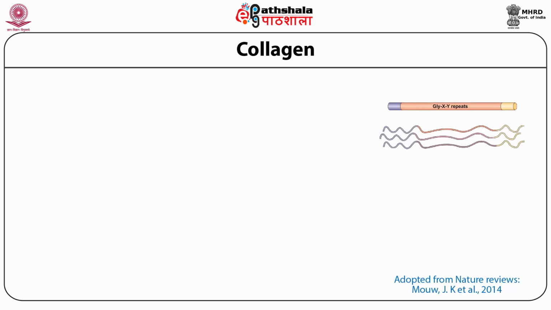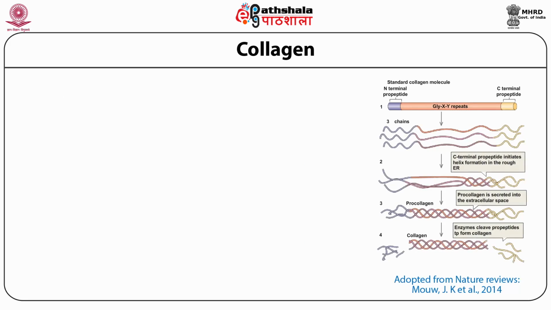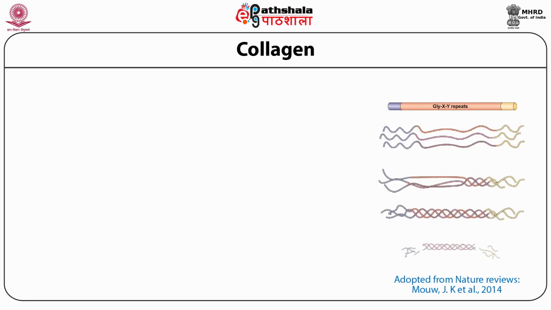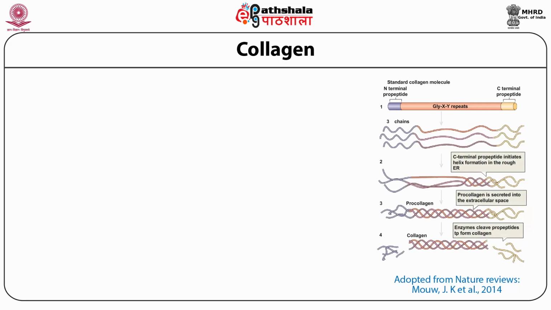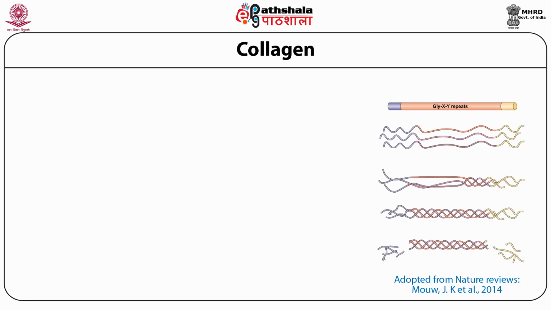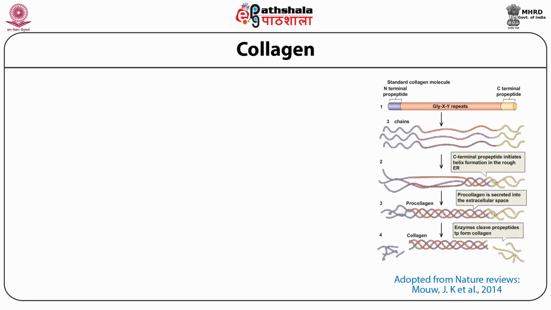On the right side, I have shown the picture of collagen assembly. You can see glycine, X, Y, the tri-amino acid repeat generally seen in the central part of collagen, where every third amino acid is always glycine, X and Y could be proline and hydroxyproline, which make another one-third, and the other one-third could be any other amino acids.